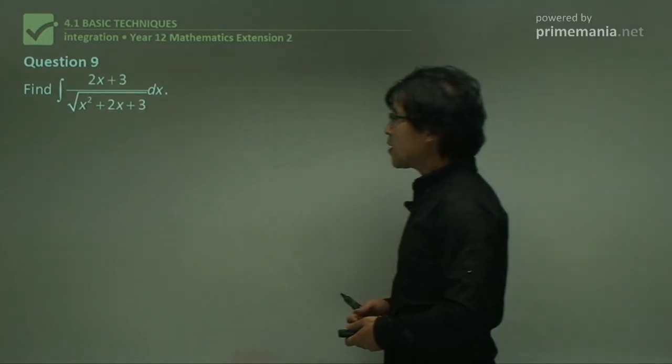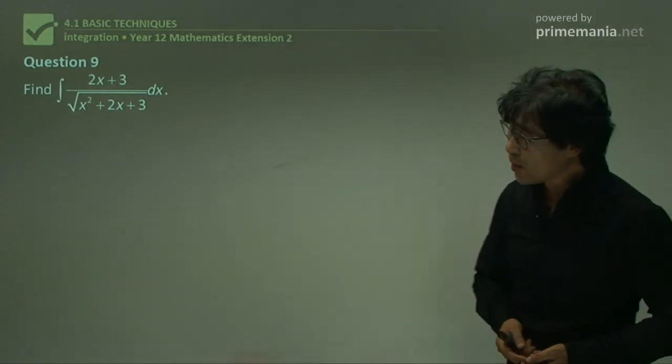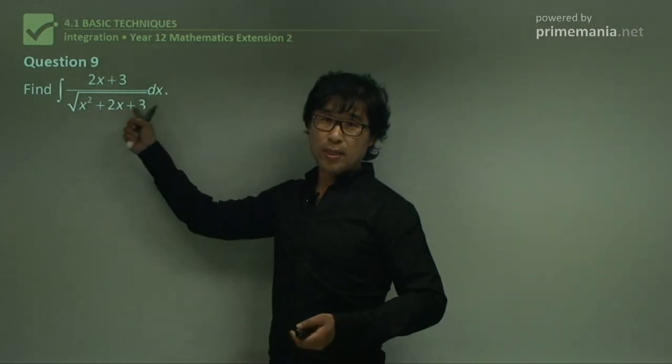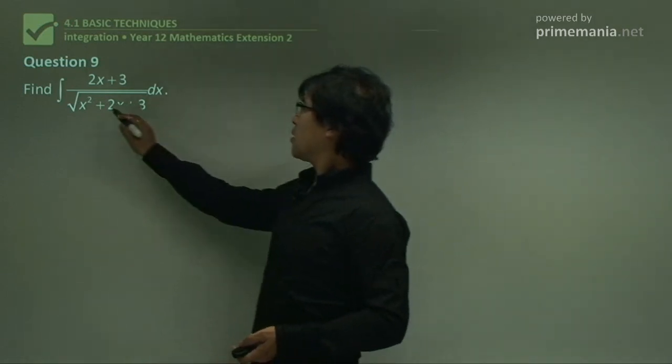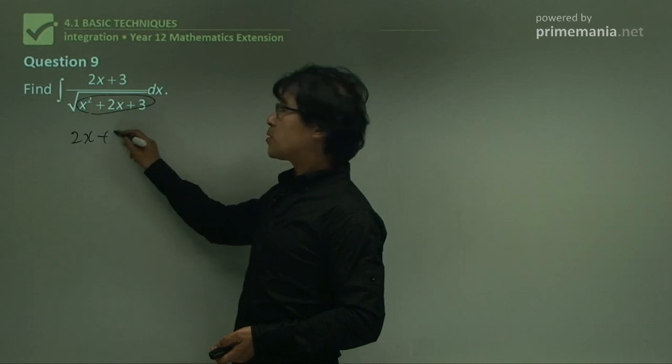How do you think over here? We are going to finally use the substitution method because it is so annoying. What you're going to do now, look at the idea. Try to differentiate this. That will be 2x plus 2.